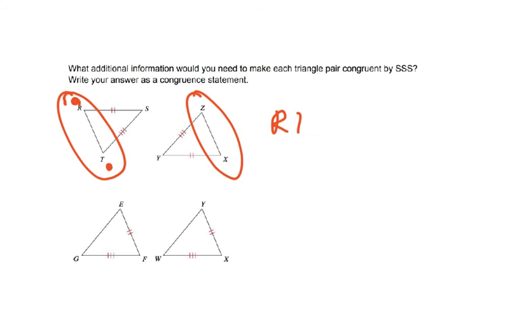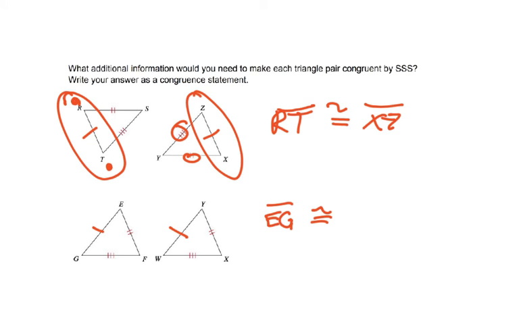So RT would need to be congruent to, okay, we did the 2 side and then the 3 side. So the 2 side and then the 3 side is XZ. We would need to know that side RT is congruent to side XZ. And we're going to do the exact same thing here. We would need to know that side EG is congruent to side YW.